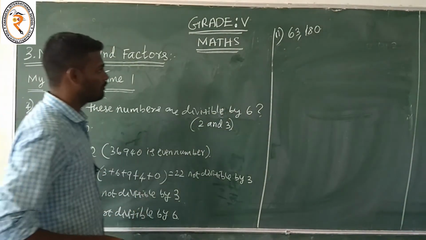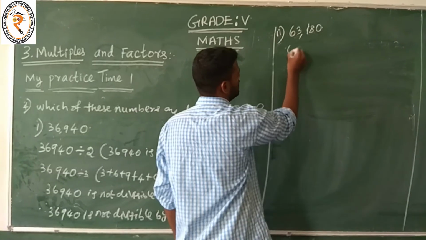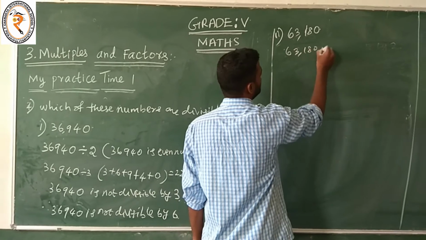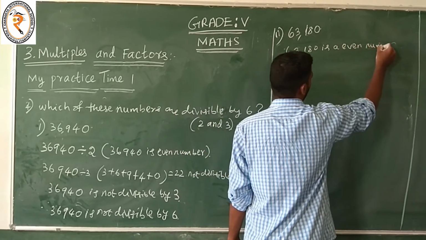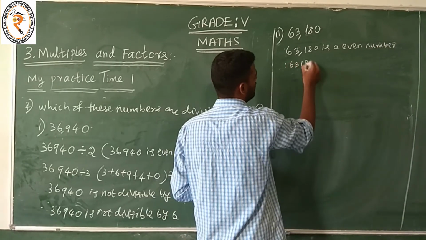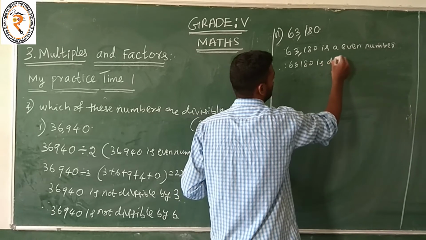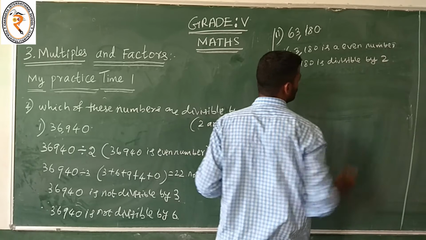And question number 2, 63,980 is an even number. It is an even number. Therefore 63,980 is divisible by 2.